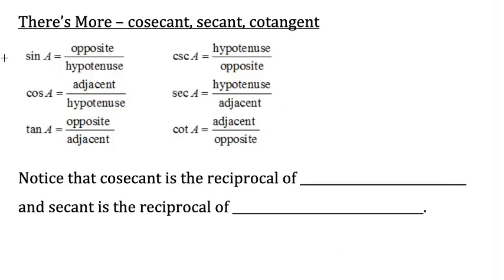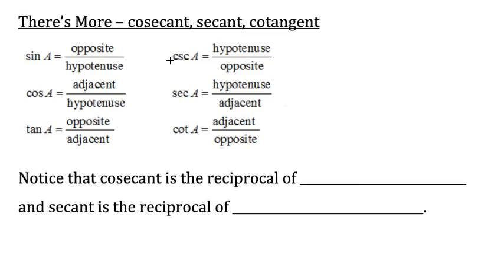Now, there's a little bit more here. We have special names for the reciprocals of these fractions. So if the sine of an angle is opposite over hypotenuse, the cosecant of that angle equals the reciprocal of this sine fraction. It's hypotenuse over opposite. And if the cosine of an angle is adjacent over hypotenuse, the secant of that angle is hypotenuse over adjacent, the reciprocal of that fraction. And same thing with cotangent.